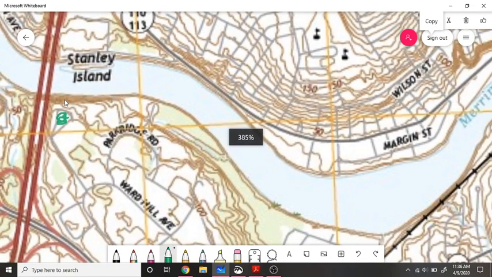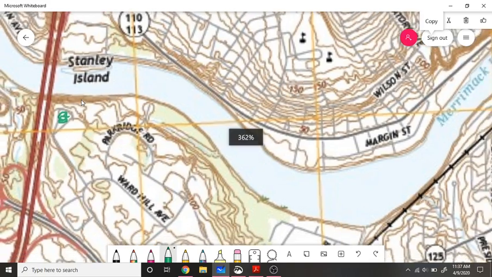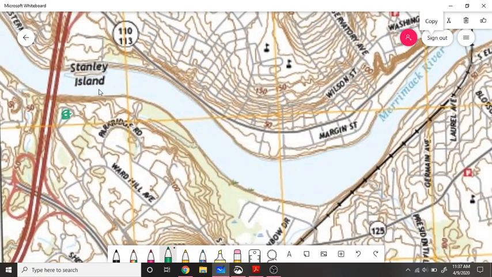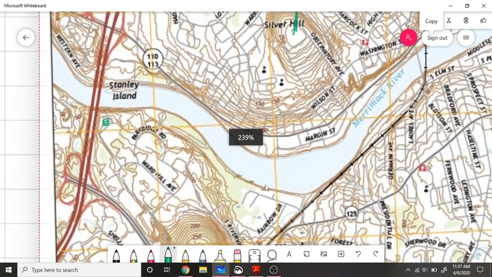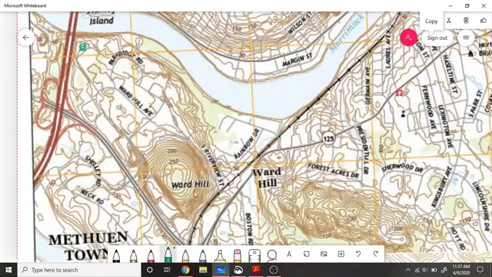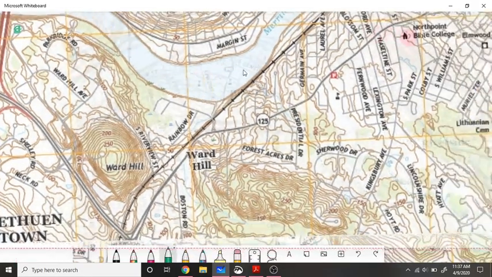And right by the highway, there are a couple of spots that we wouldn't let you go that close to because it is very steep and the land drops off very quickly right before the river. Here's Ward Hill. It has great steepness on one side, slightly more gradual on the other side.